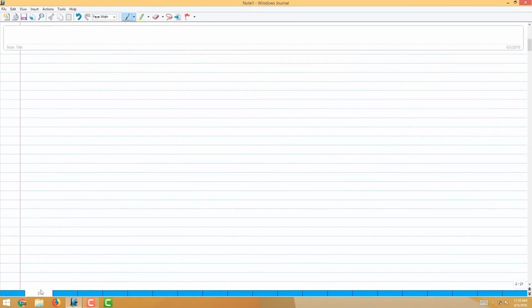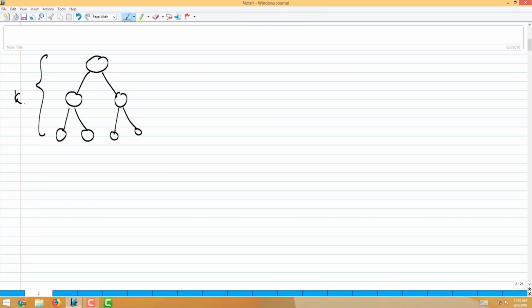You have a tree, basically a binary tree whose depth is k. This is how the branching tree of our algorithm looks like.